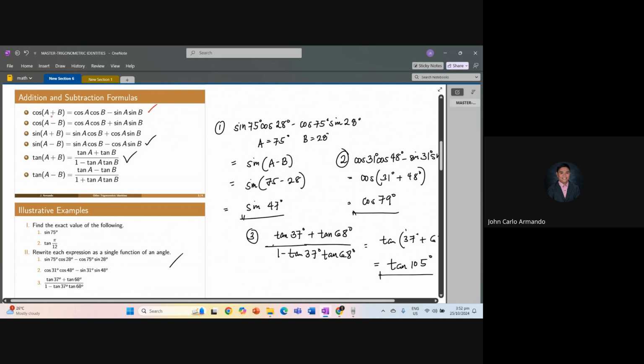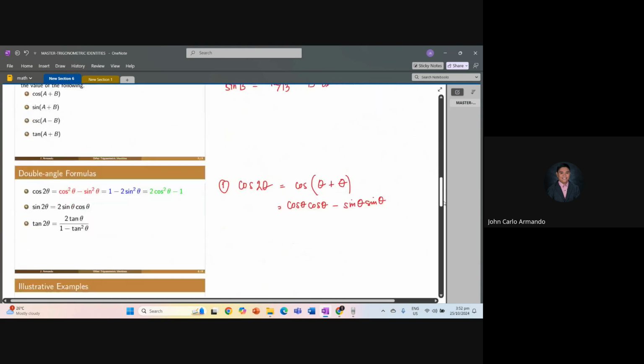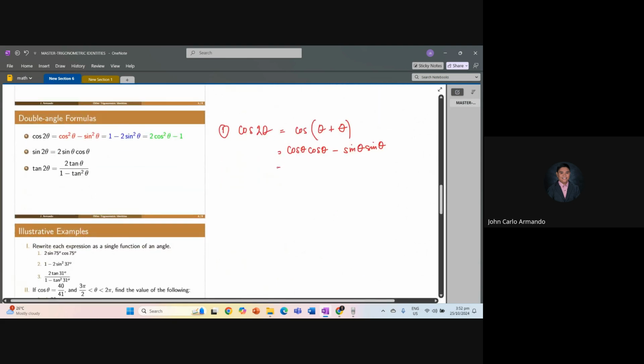Cos A plus B is cos A cos B minus sin A sin B. But A and B are equal. In that case, A and B is equal to theta. And what is cosine theta times cosine theta? Cosine squared theta. And what is sine theta times sine theta? That is sine squared theta. And this is the first value of cosine 2 theta.